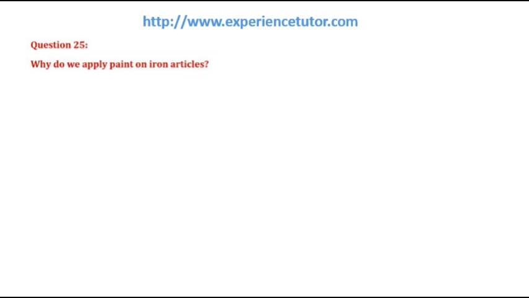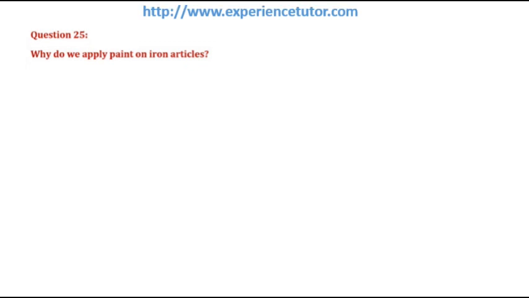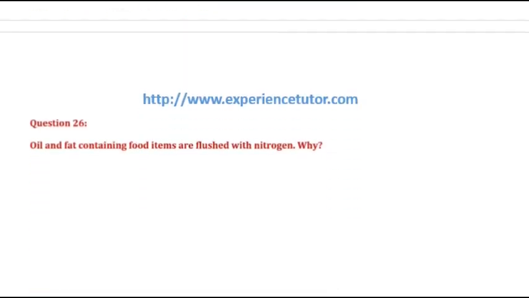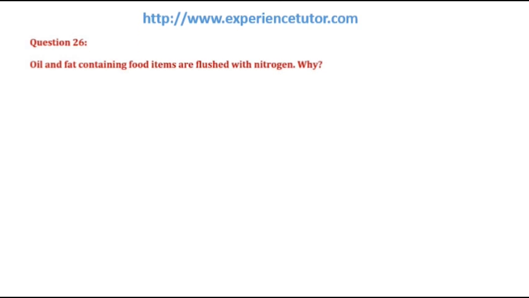Next question. Oil and fat containing food items are flushed with nitrogen. Why? Nitrogen is inert gas and does not easily react with these substances.